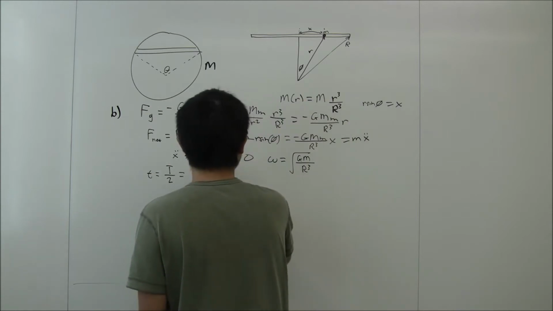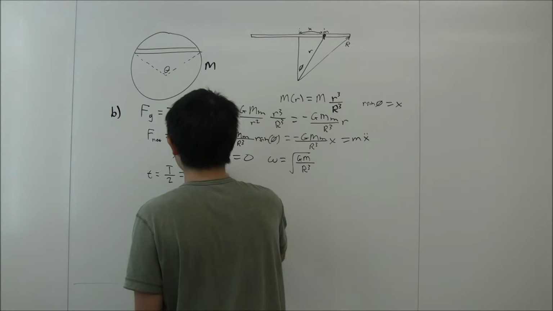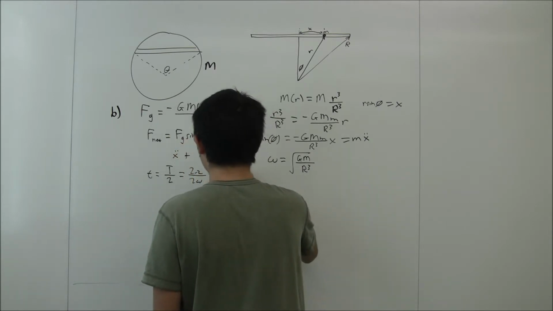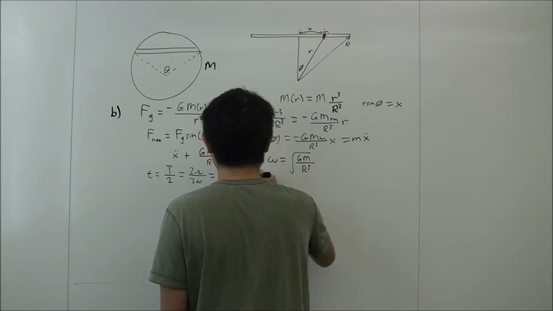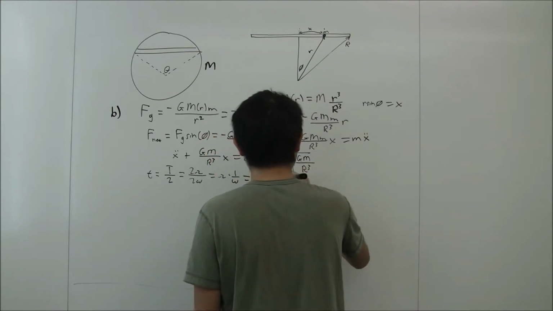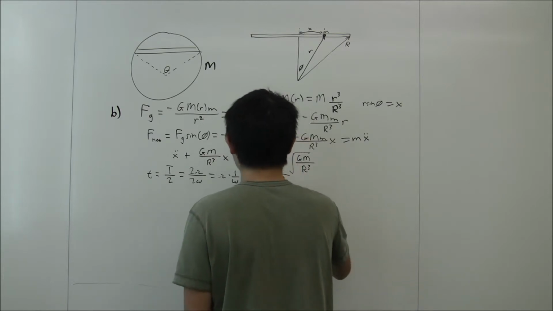And we know that the period is 2 pi over omega, so we get 2 pi over 2 omega, which is just pi times 1 over omega. So our final answer is pi times the square root of r cubed over big G times big M.